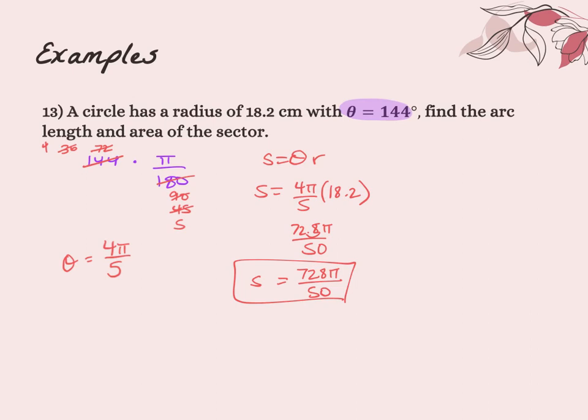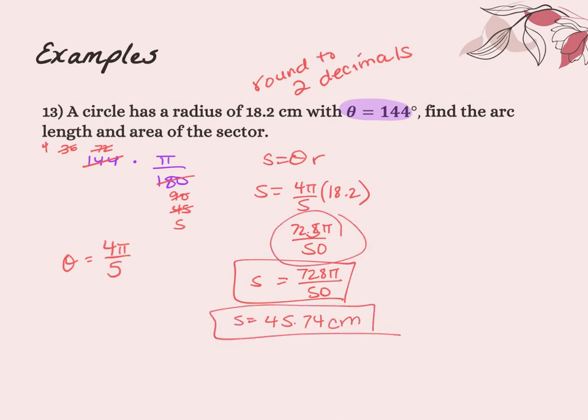On the homework, it'll say to round to 2 decimal places. So I'm going to do 728 times pi divided by 50. And I get 45.74. And this would be centimeters. I could have done that from up here too. I could have just done 72.8 times pi divided by 5. Oh, it would have been divided by 5, not 50.